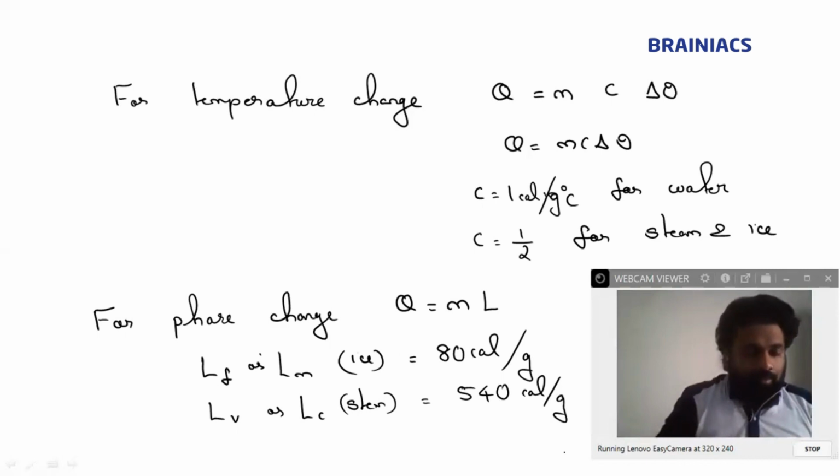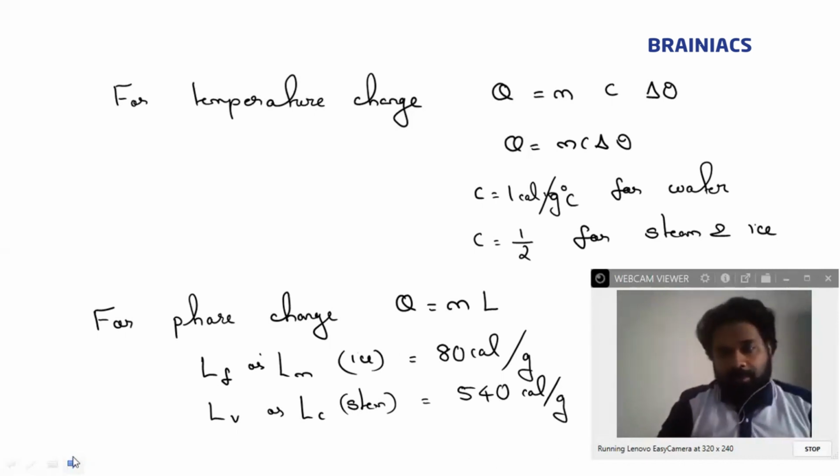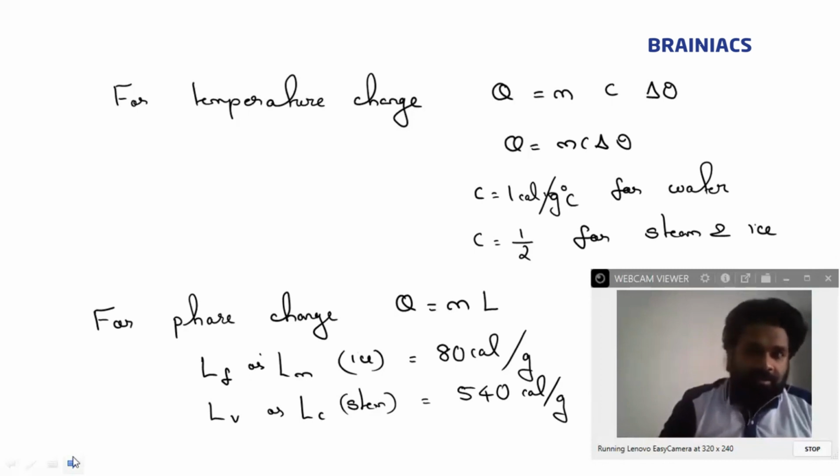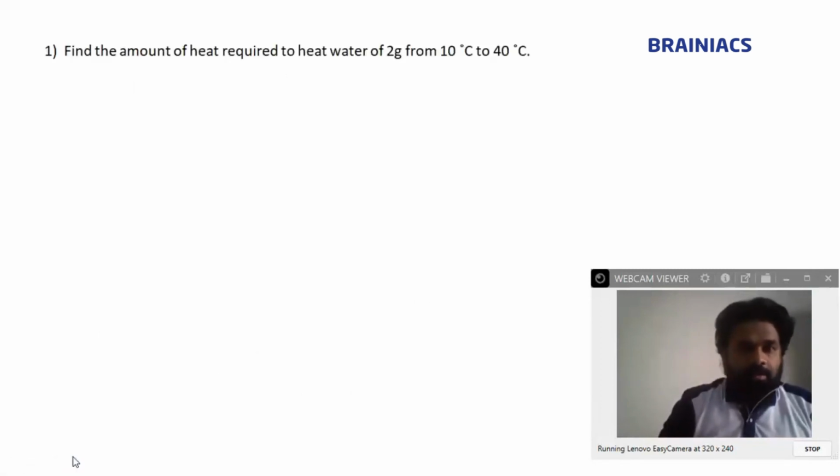Based on this we will do problems. We will start with the simple problems and slowly we will increase the complexity. So this is the first question. Find the amount of heat required to heat water of 2 gram from 10 degrees Celsius to 40 degrees Celsius.